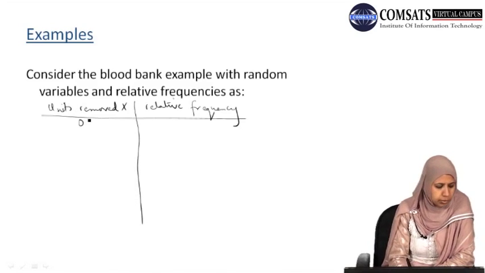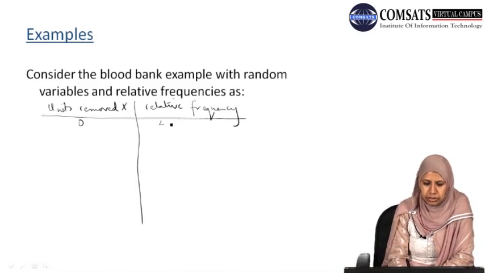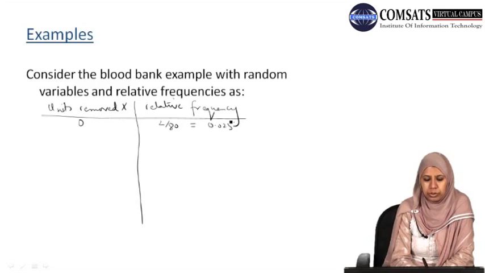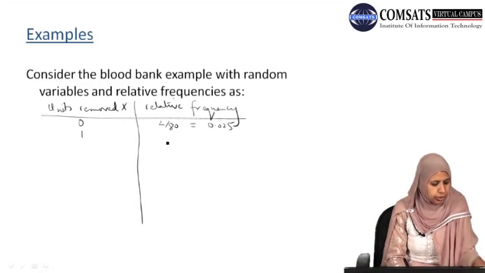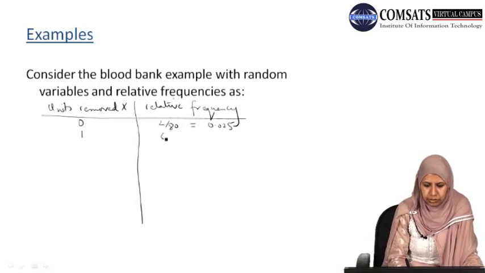When 0 units are removed, which happened in 2 out of 80 days, the relative frequency was 0.025. When 1 unit was removed, which happened in 6 out of 80 days, the relative frequency was 0.075.